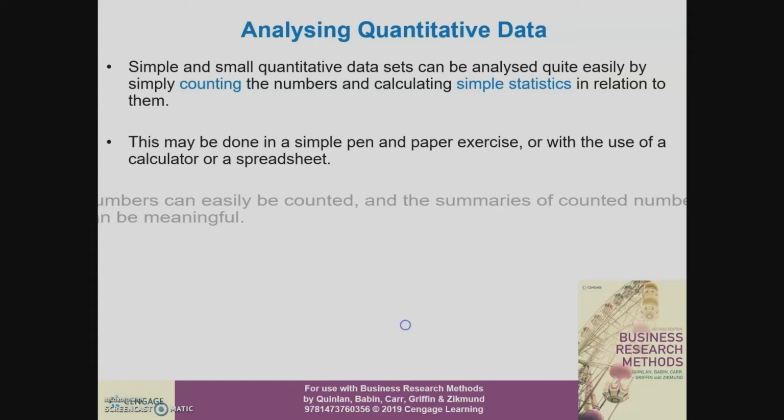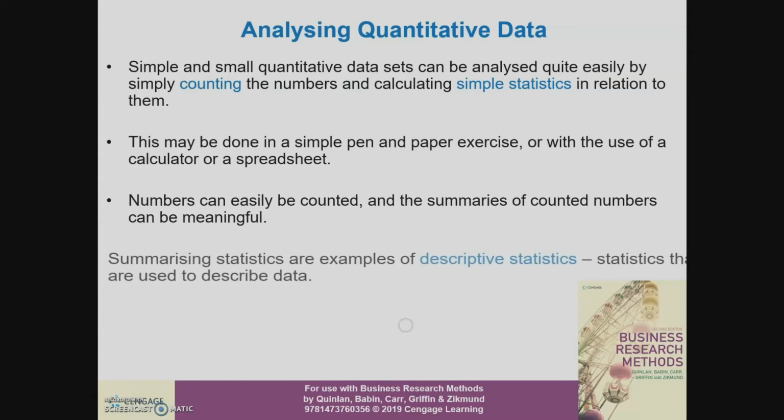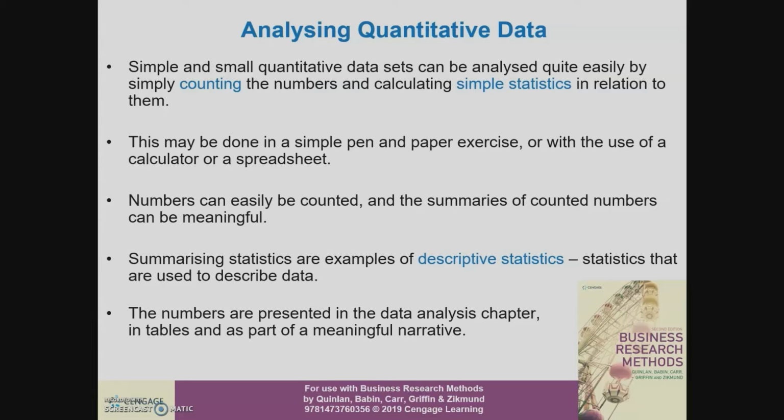So if you're analyzing quantitative data, simple and small quantitative data sets can be analyzed quite easily by simply counting the numbers and calculating simple statistics in relation to them. So this may be done in a simple pen and paper exercise or with the use of a calculator or a spreadsheet.